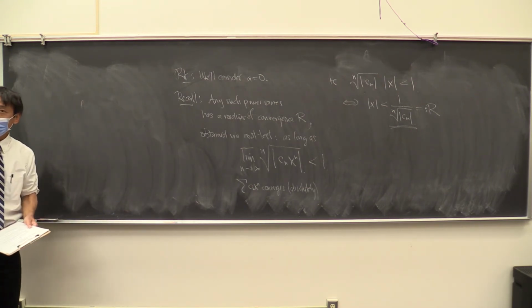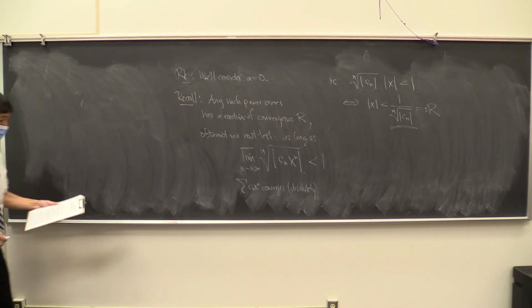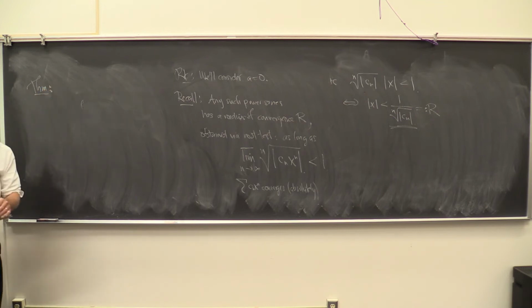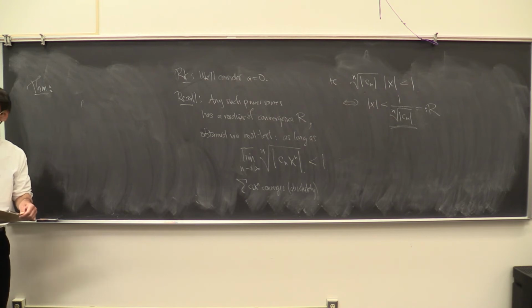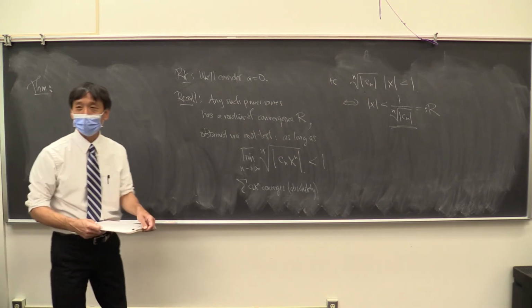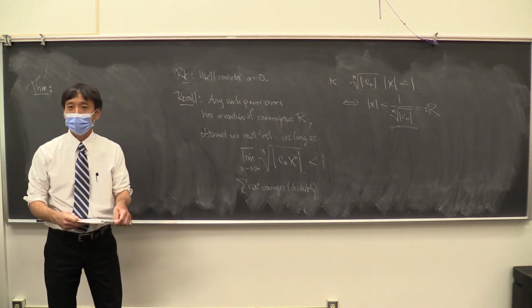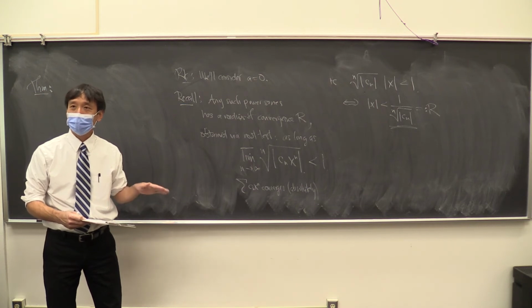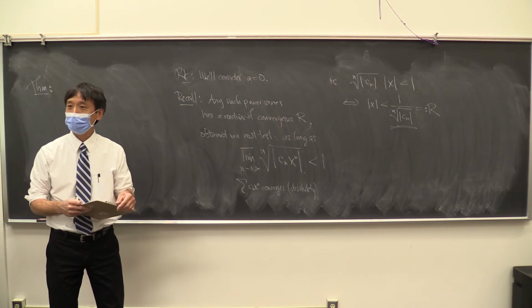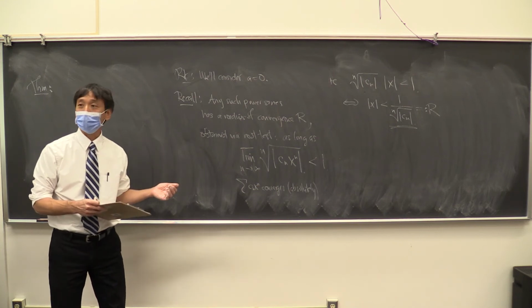Now we're going to show something pretty cool, which is that if you're an analytic function, you are infinitely differentiable. So every analytic function is automatically infinitely differentiable. Now the cool thing in complex analysis is that being what's called complex differentiable forces you to be an analytic function.